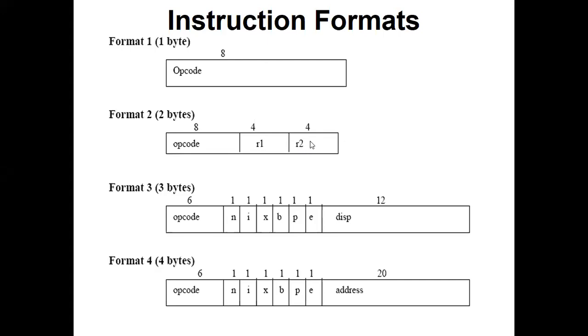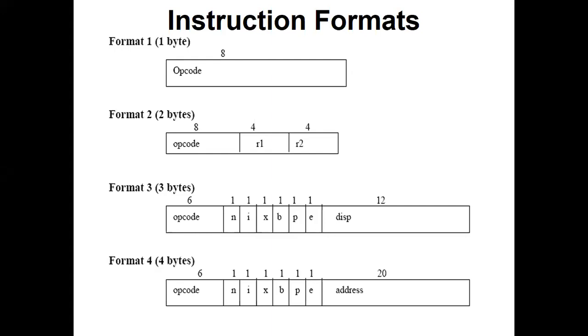And I gave an example where someone can say, add what is in register S to register T. So you get the opcode for adding, and then you mention the operands, which are registers, the S and the T. So for format 2, the operands are registers.